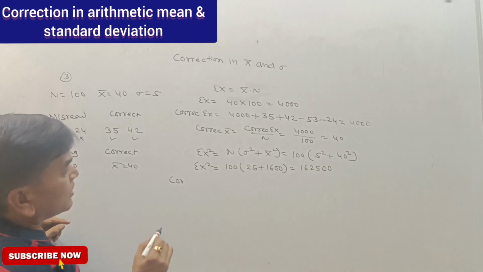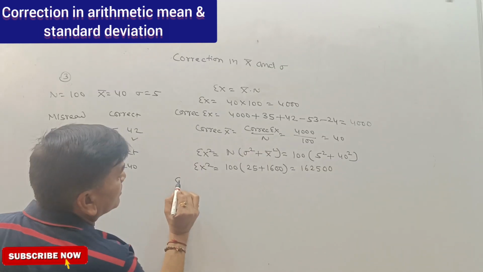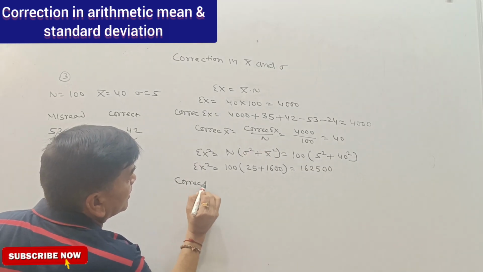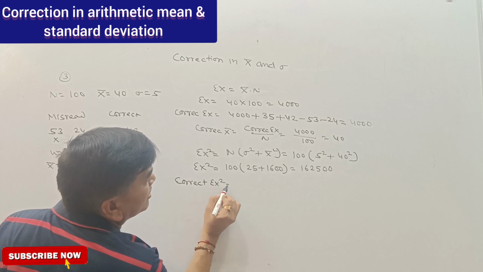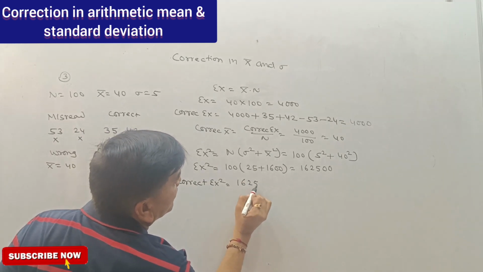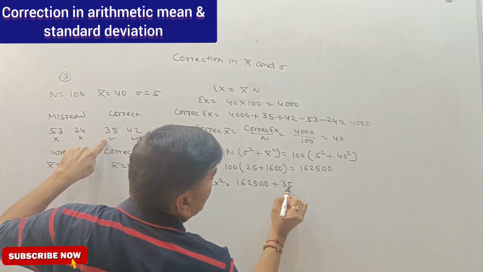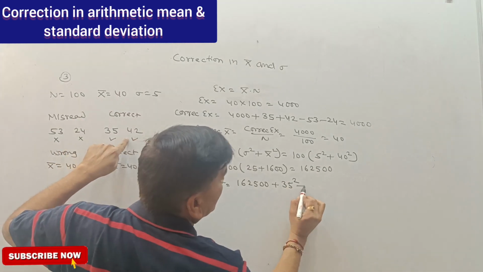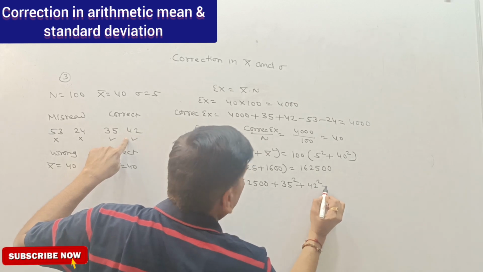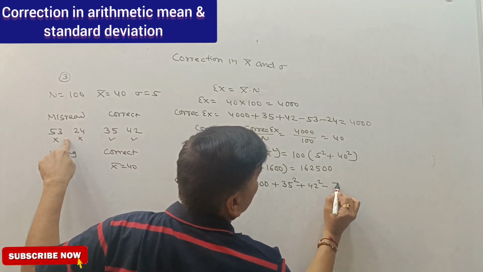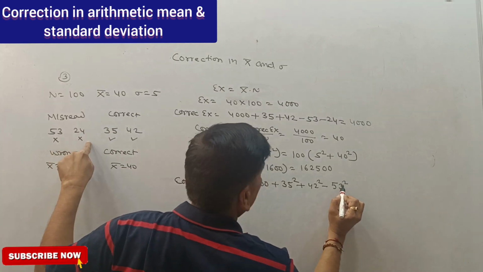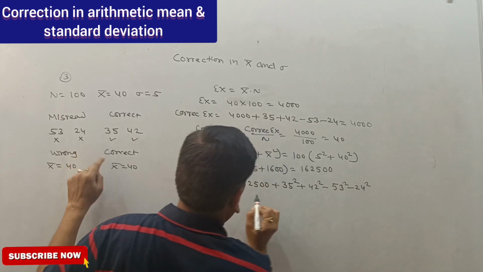This is wrong because two items were taken wrong, 53 instead of 35 and 24 instead of 42. So the correct sigma x square is 162500, adding the correct value squares 35 square plus 42 square, and subtracting the wrong value squares 53 square and 24 square.